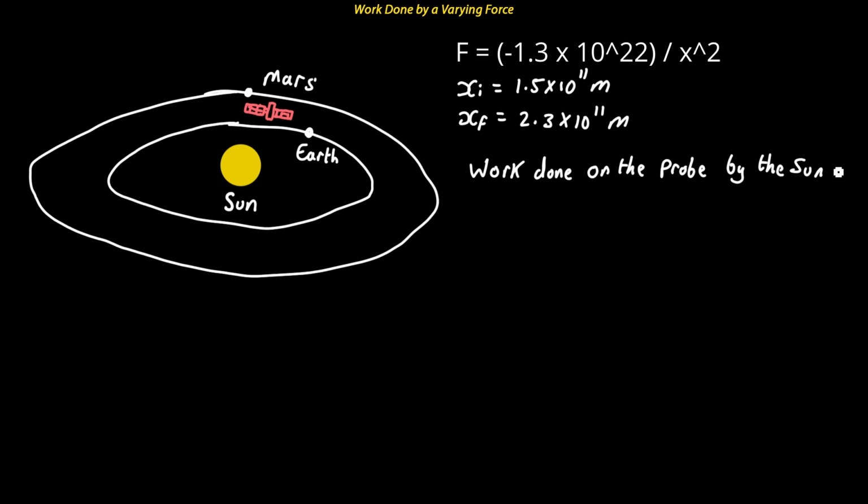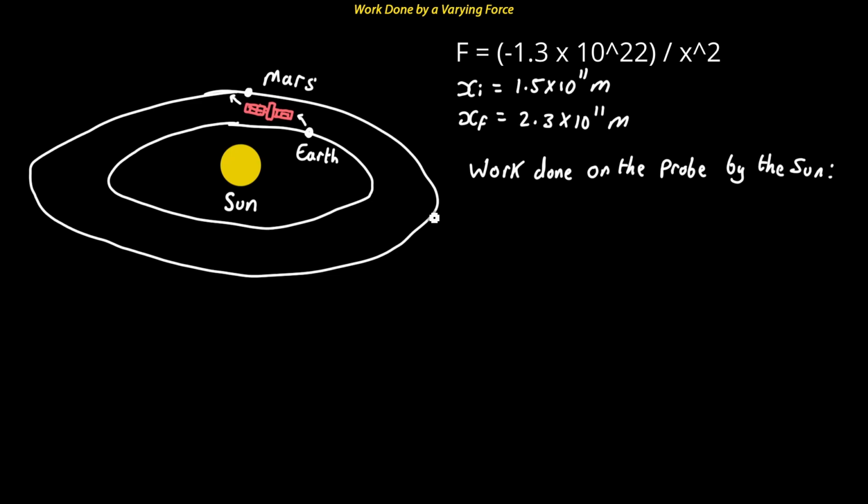Now, before we solve this problem, do you think the work done on the probe by the Sun will be positive or negative in this case? And if you're not sure about the answer, try and think back to the work kinetic energy theorem, where work on a particle or on an object is equal to the change in kinetic energy of that object.